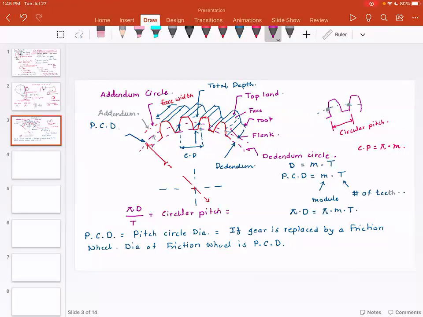So this equation is CP equals pi D over T. If I were to take this T to the other side, it gives me pi times M. So what this means is circular pitch is pi times M.